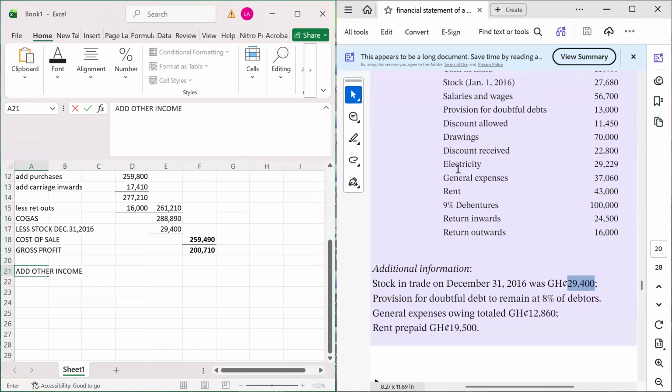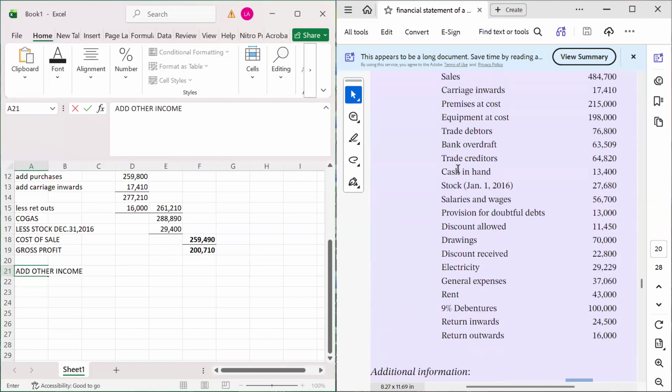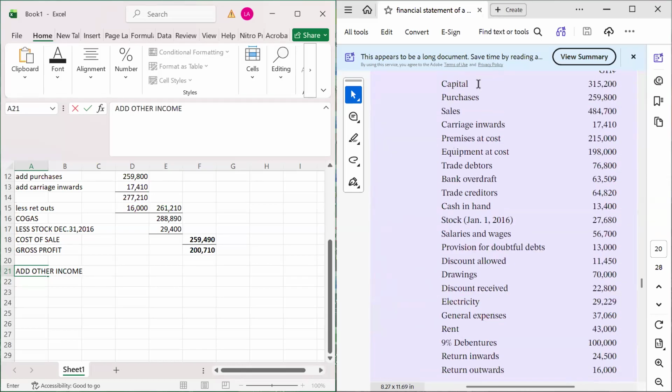So let's come and see whether there is any income. You see, when we look at it from the top, all these things, there's no income in any of them. But when we come down here, we saw discount receipt. It was a discount they have given us, so it's like an income.